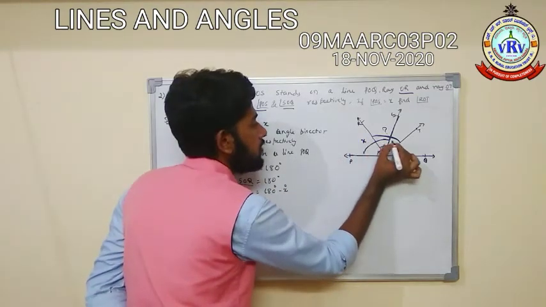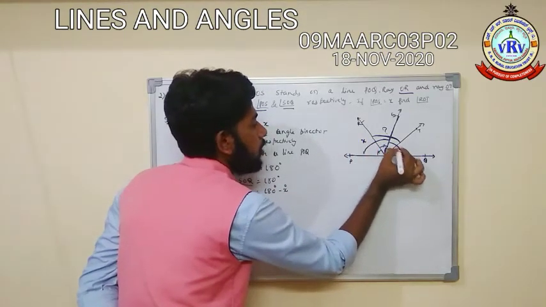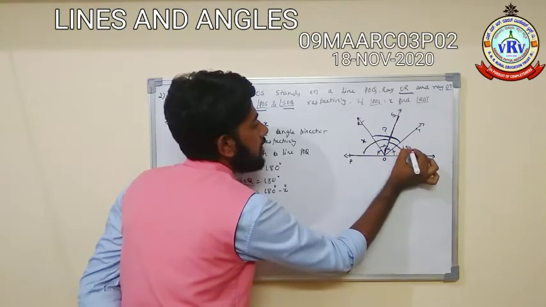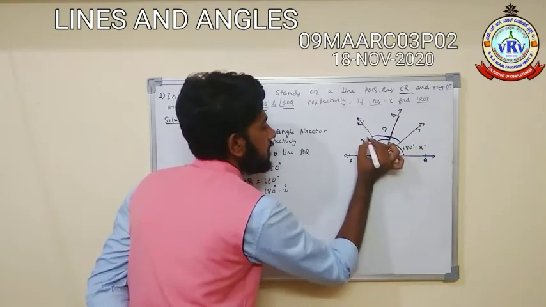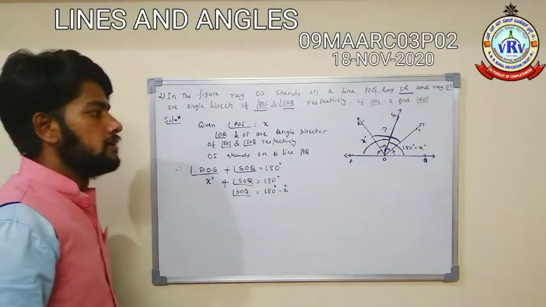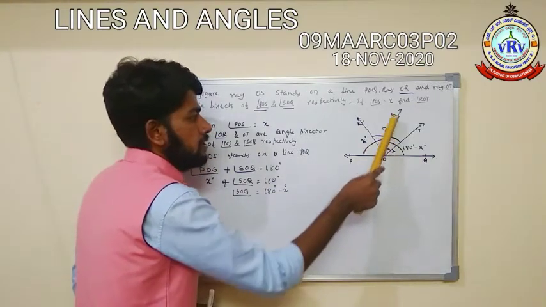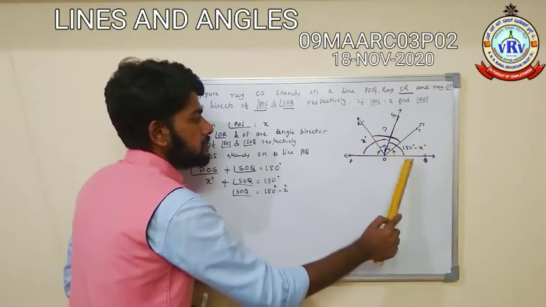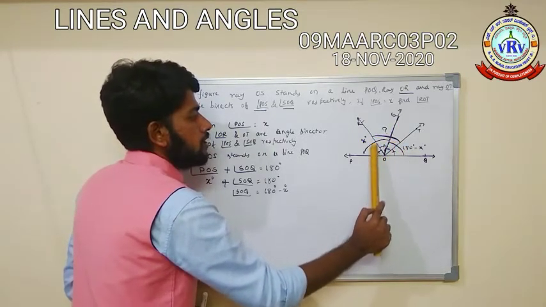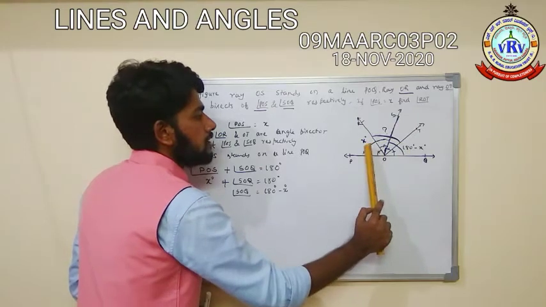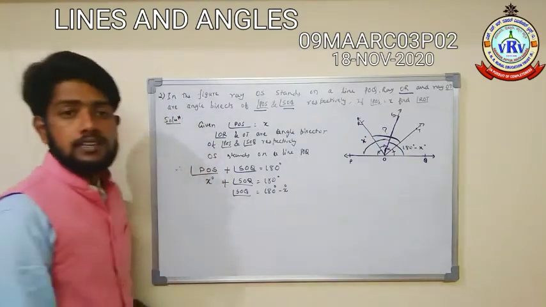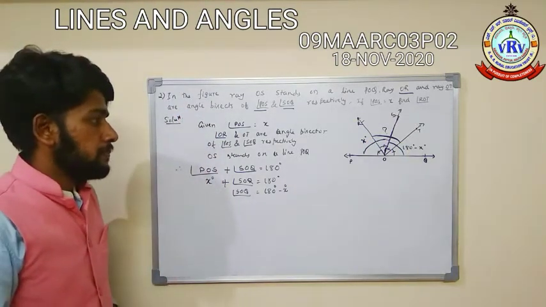So here they have given x, and we are getting this angle as 180 degrees minus x degrees. Clear? So you think this angle is x. Since this ray stands on this line, the total is 180 degrees. We subtract x, so this angle is 180 degrees minus x.